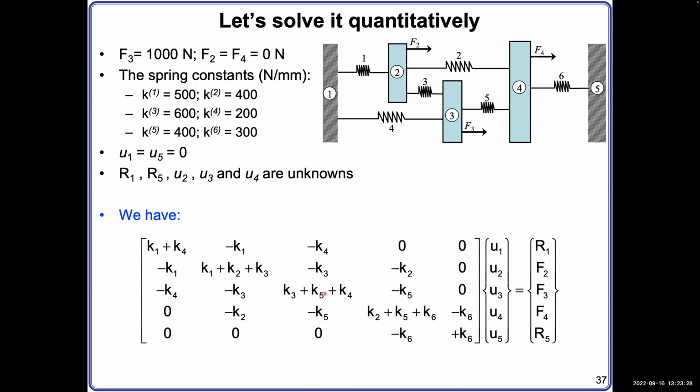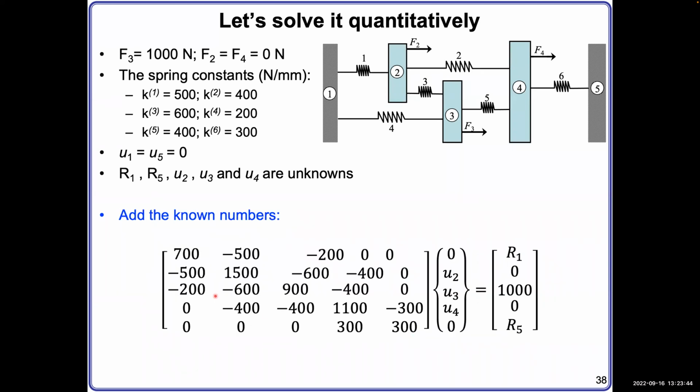They are all represented by symbols. Once this symbolic form is done and you are sure it is accurate, you can add the numbers in, the spring constants. You will have this equation, this matrix, where the only unknowns are 3 displacements, and 2 reaction forces.